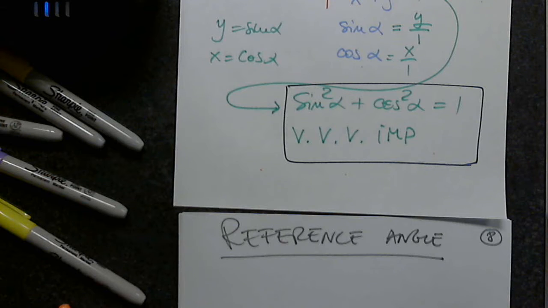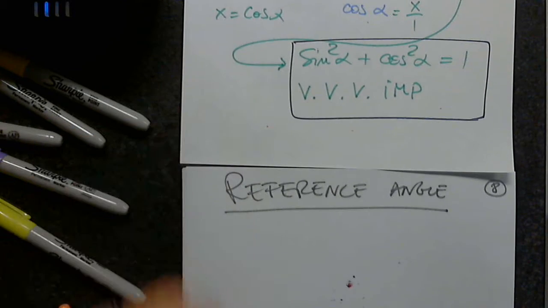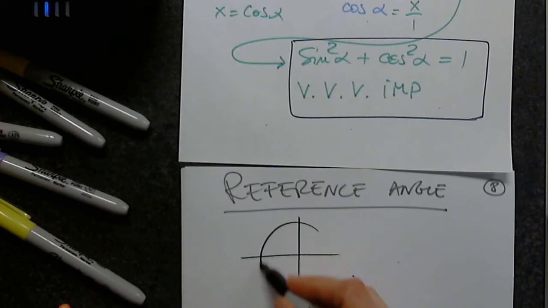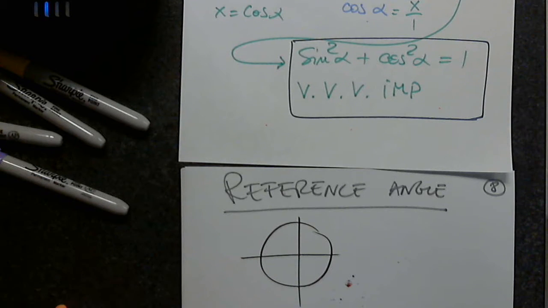We said coterminal angles, right? I mentioned standard position, and now we're talking about reference angle. This is a key idea. So let's look at the unit circle, and I will graph an angle in the standard position with the terminal side in the first quadrant.